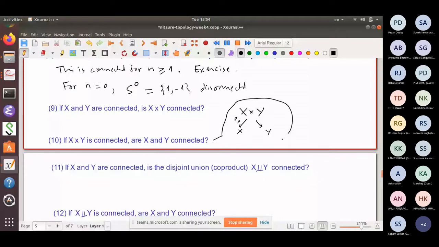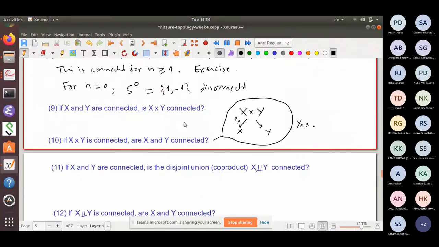If x cross y is connected, then its continuous image is connected. So the answer to 10 is yes. How about 9? If x and y are connected, is x cross y connected?